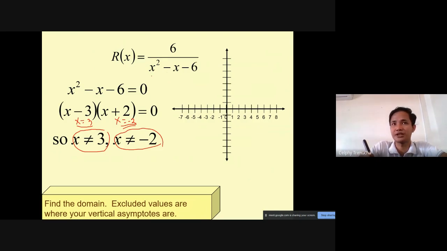If we substitute our values, our denominator becomes 0. Okay?